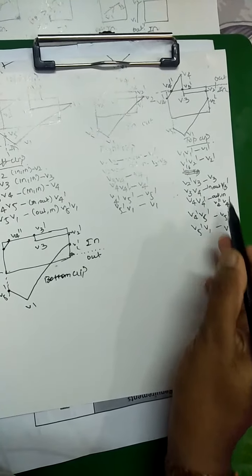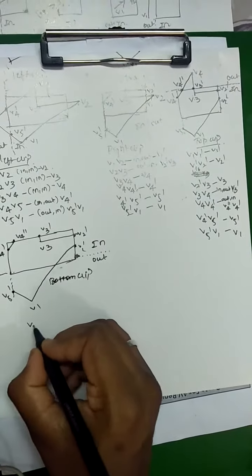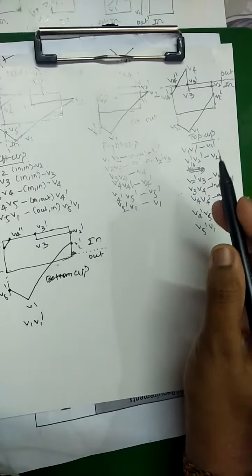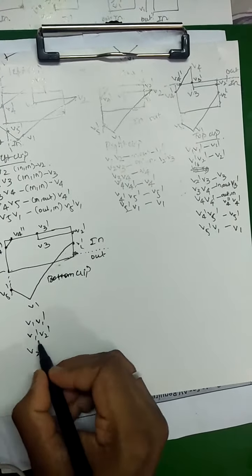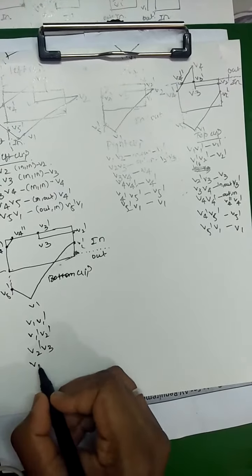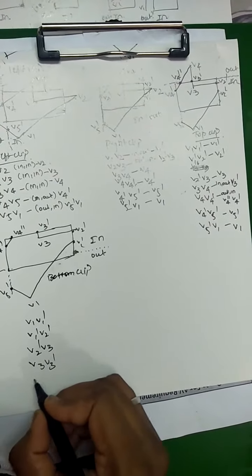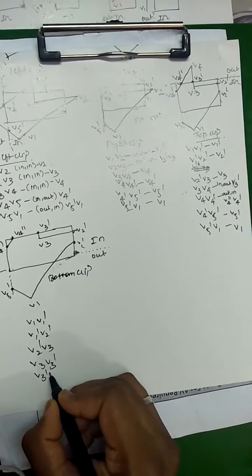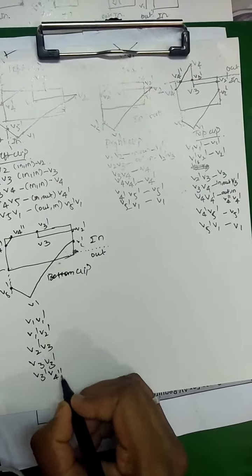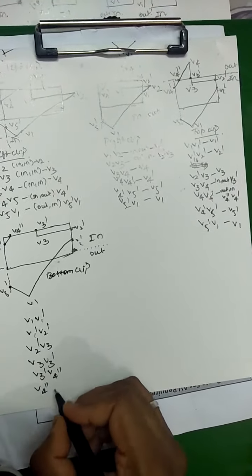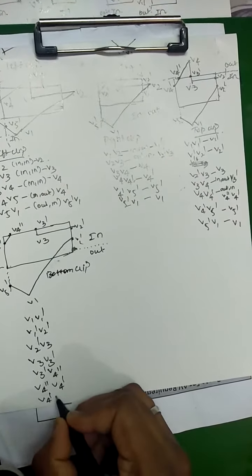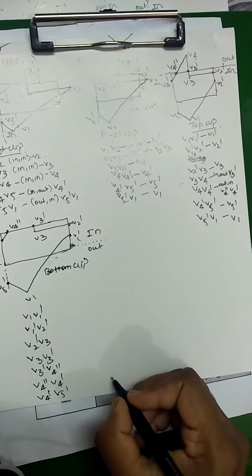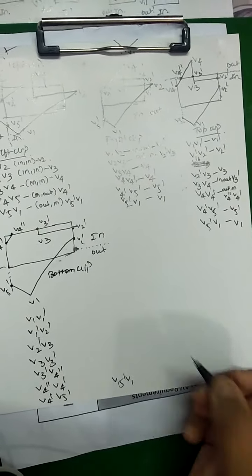I'll take v1, v1 dash, v1 dash, v2 dash, v2 dash, v3, v3, v3 dash, v3 dash, v4 double dash, v4 double dash, v4 dash, v4 dash, v5 dash, and v5 dash, v1.